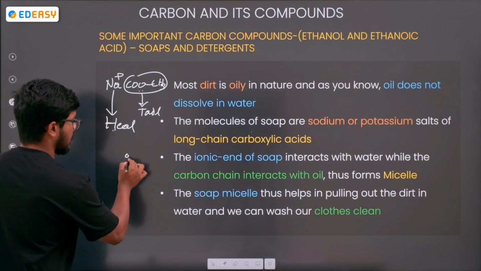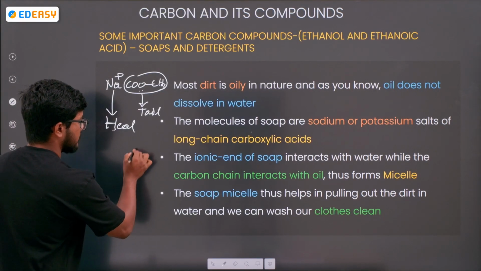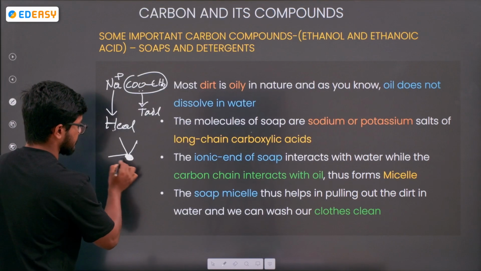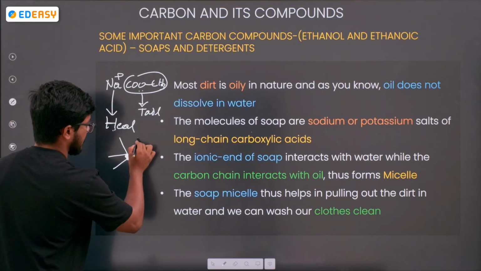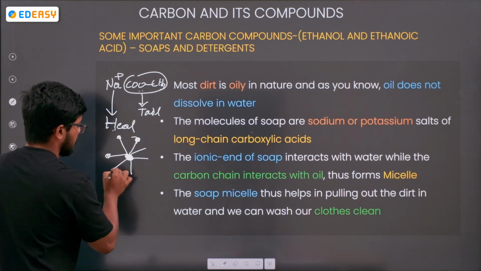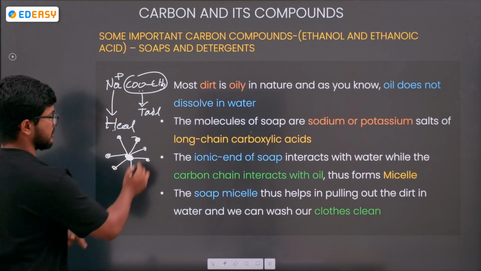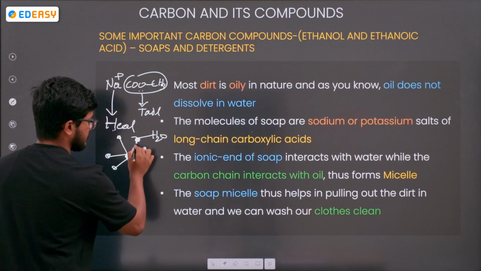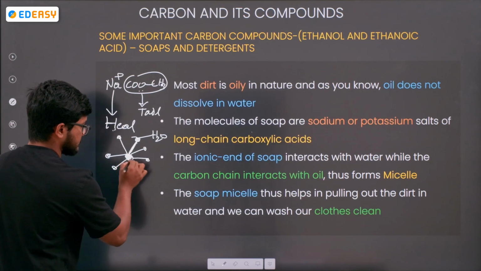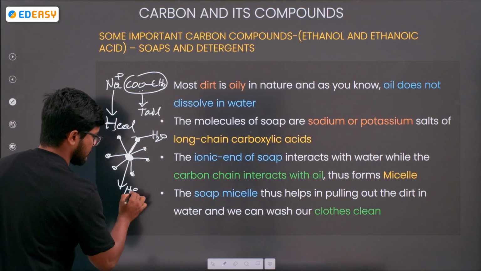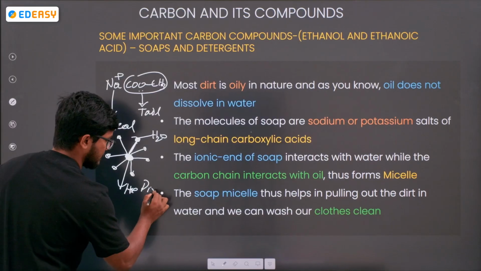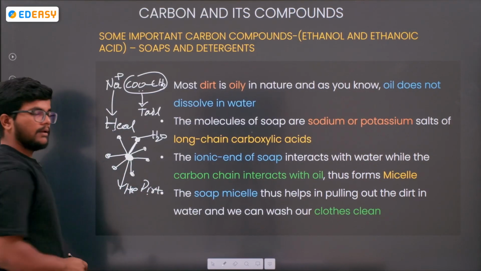If there is an oil, it is surrounded by the tail parts, and the head parts are the ionic end. The ionic end interacts with the water, and the tail interacts with the dirt. Let us assume this is the dirt.